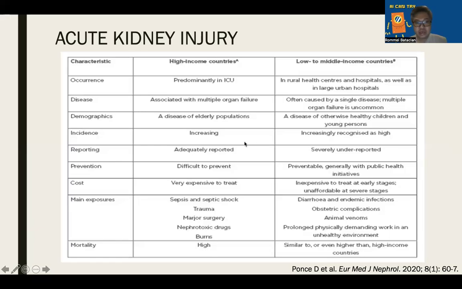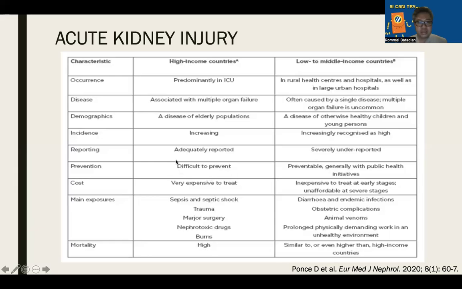So there is increasing incidence. The problem again is that it is severely underreported in our country, while it's adequately reported in high-income countries because of their record keeping and the electronic medical records that they've been using.